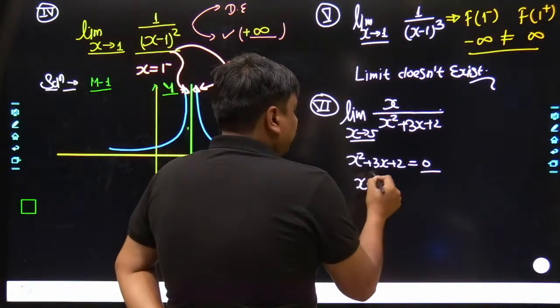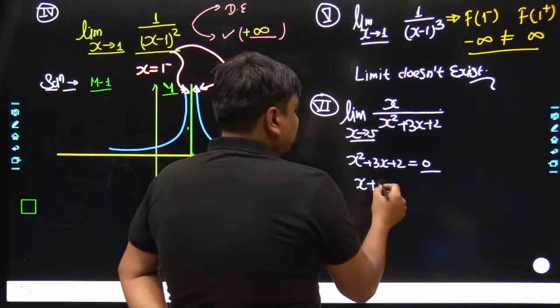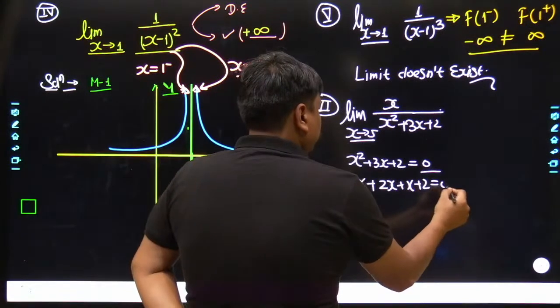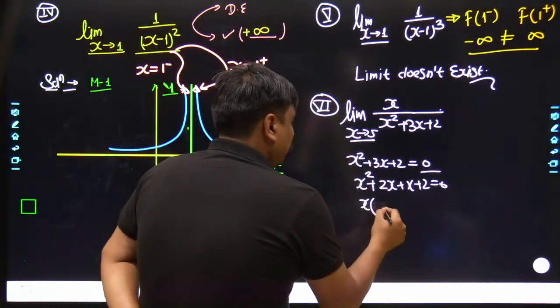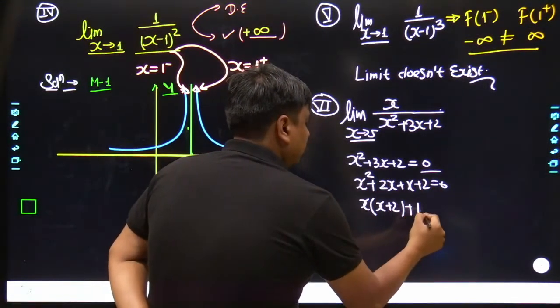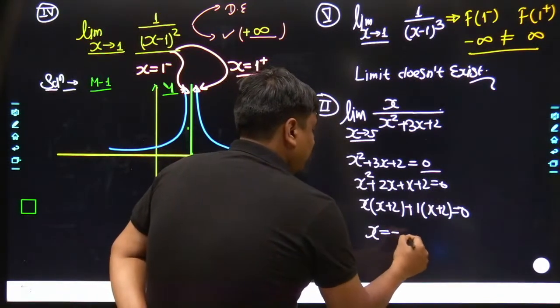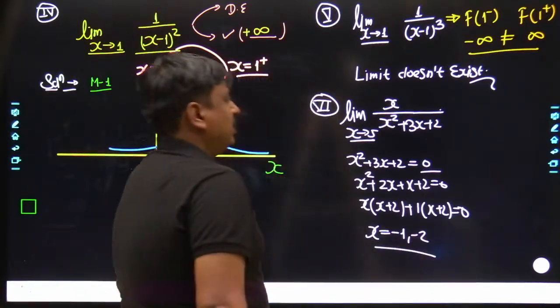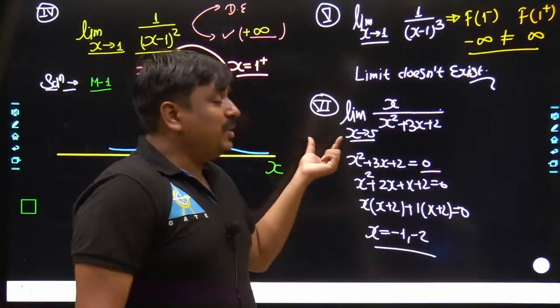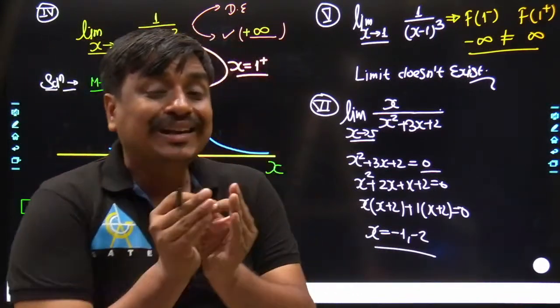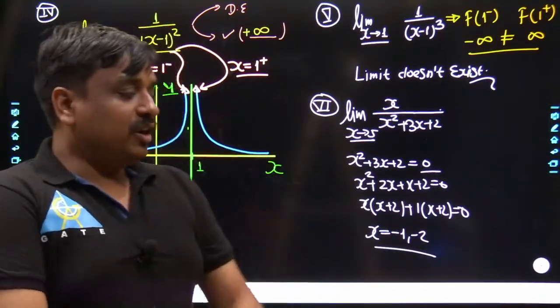Obviously, after splitting the middle term, you can write this as x squared plus 2x plus x plus 2 equals 0. The x has been taken common, and what is left out is this. So the roots are precisely going to be minus 1 and minus 2. But here the limit has been calculated around x equals 5, where the function is purely continuous in nature. Could you understand what I am saying?